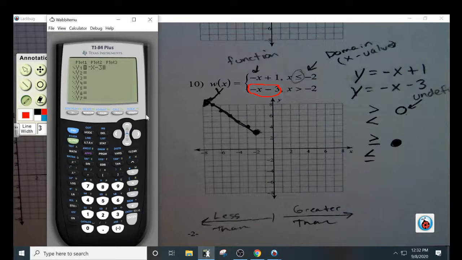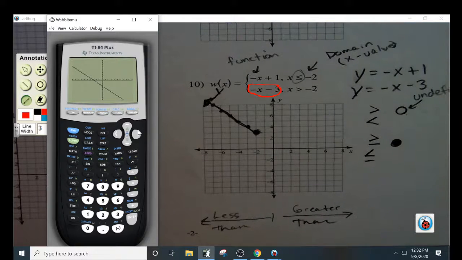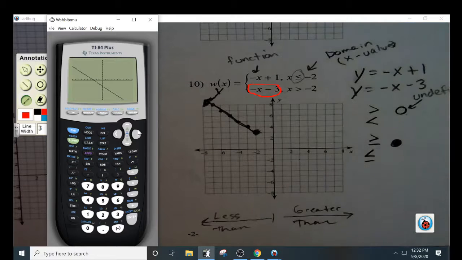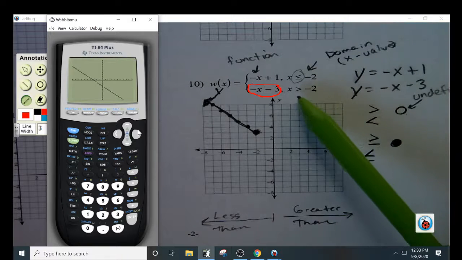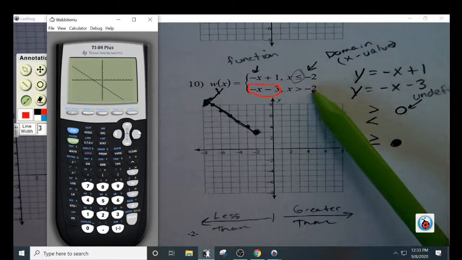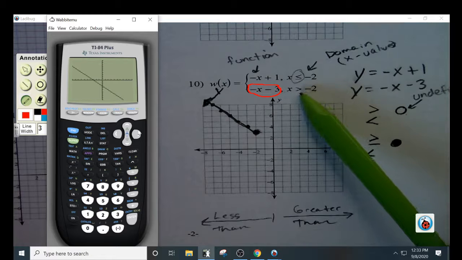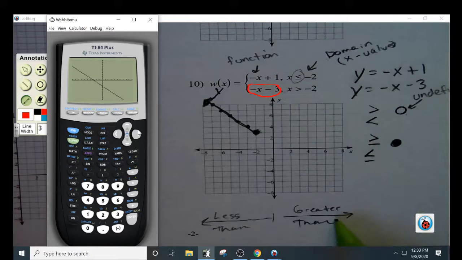All right. Now, is this line going to be graphing to the right or to the left? Going solely by your inequality. Is it going to go to the right or to the left? To the right, right? Because its x value is greater than negative 2. Remember, if it's greater than, all you care about is going to the right.